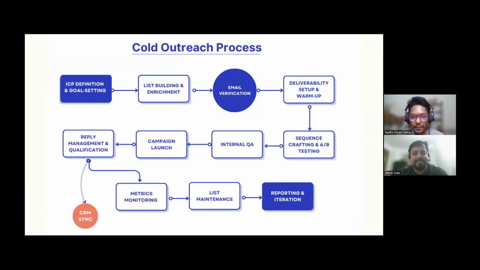Going from step one to the last step takes a significant amount of time. Having said that, the initial setup phase is the most critical part. If you set up following this SOP that I just displayed and explained, you would be able to start sending emails from the second month onwards, or let's say the 31st day onwards.